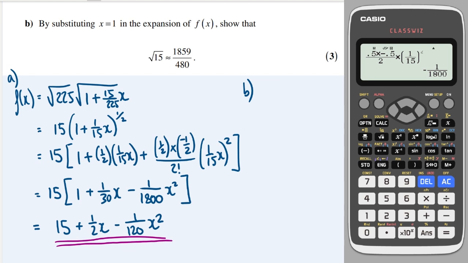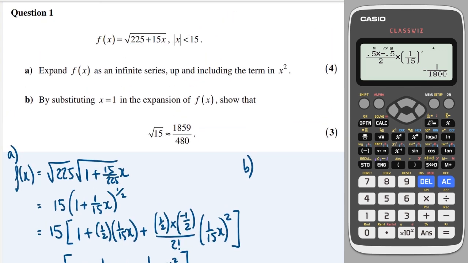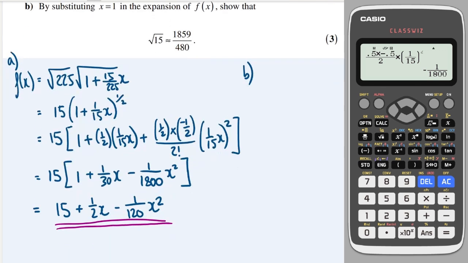Okay, part B asks me to sub x equals 1 into the expansion. Well, when I sub x equals 1 into this, I will get the square root of 240. And we sub it into my expansion as well.